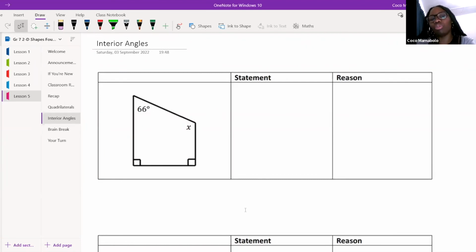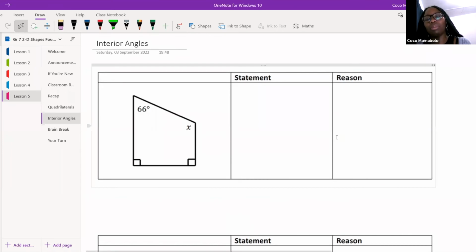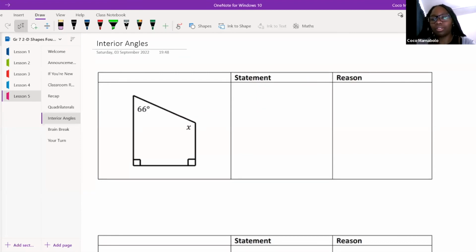Those of you who've done this at school, who can tell me? Maria, do you know? Ma'am, the interior angles of a quadrilateral is 360 degrees. Excellent.